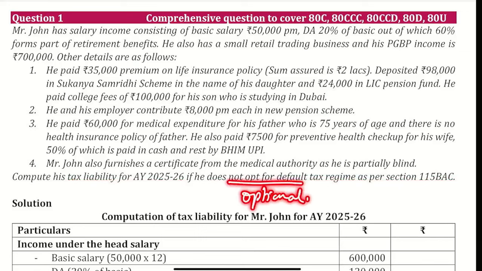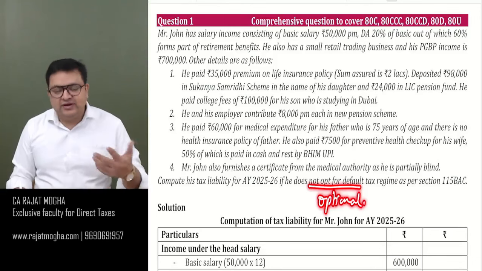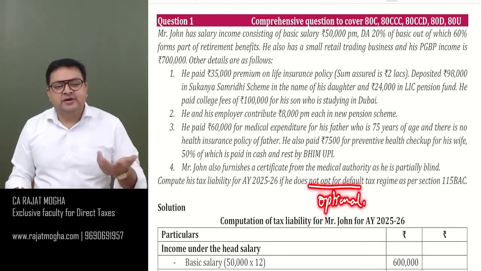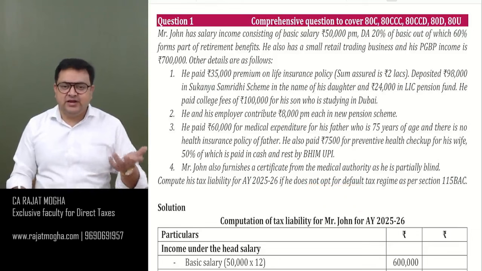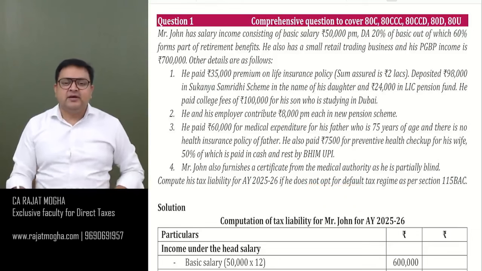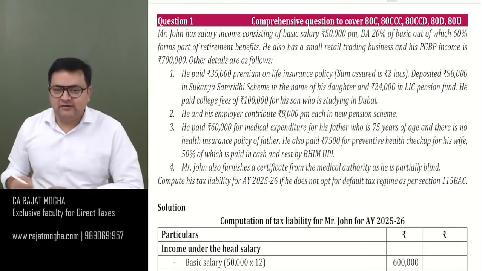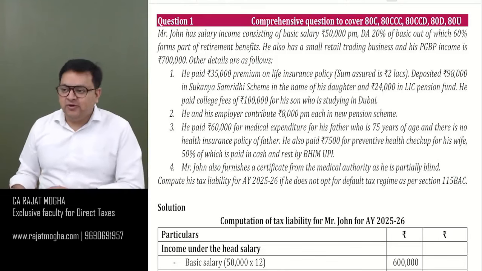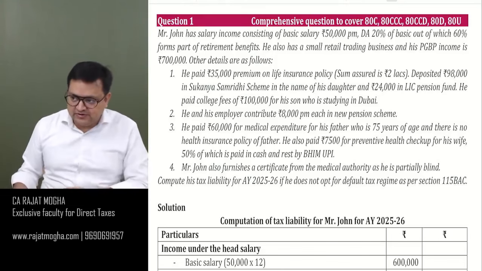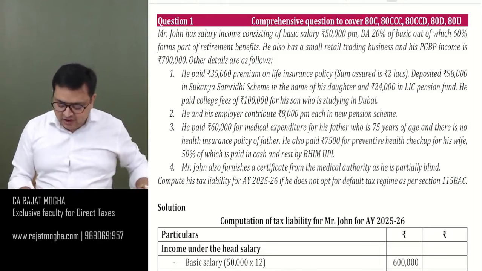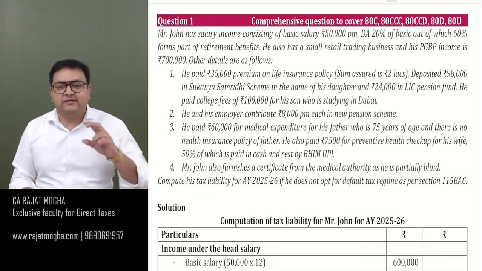So he's opting for the optional regime. And today, mostly I will take only the optional regime, because in the default regime, very few, only 3 sections are available. Under the optional regime, these sections are available. So mostly today it would be the optional scheme. Correct, Kishore, optional regime.